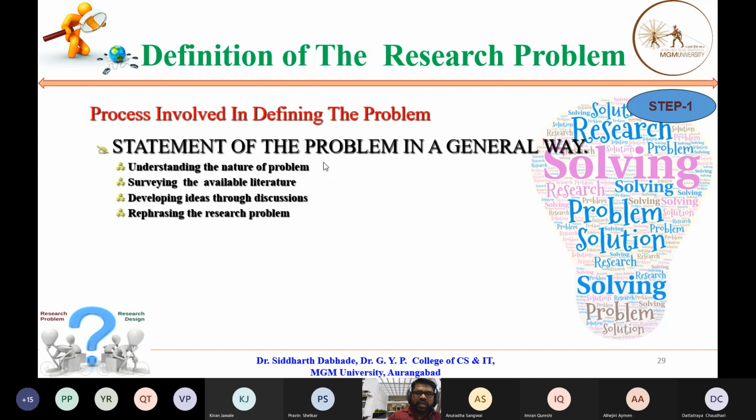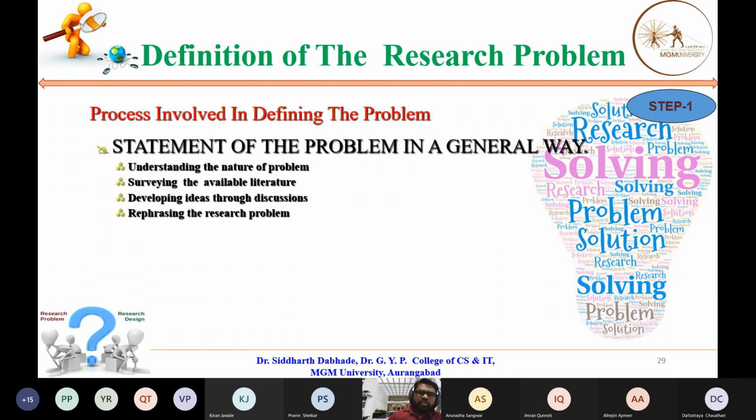Before designing it, you need to understand the nature of your problem, what is available, and what literature has already been reported in earlier research work in your domain. You need to study very carefully, and once you have adequate knowledge related to your field, discuss with your supervisor and colleagues, and try to develop a new idea on the basis of the existing problem.